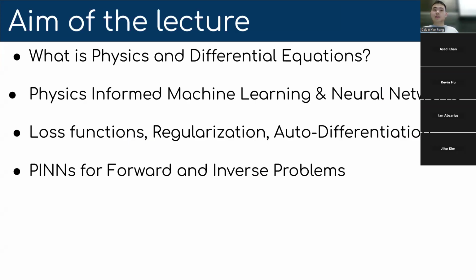Also, how you can do physics-informed machine learning and what a physics-informed neural network is, as well as how this relates to loss functions and other machine learning and deep learning concepts we learned about last week. And we'll also see some examples from forward or inverse problems as well. All right, let's get to it then.